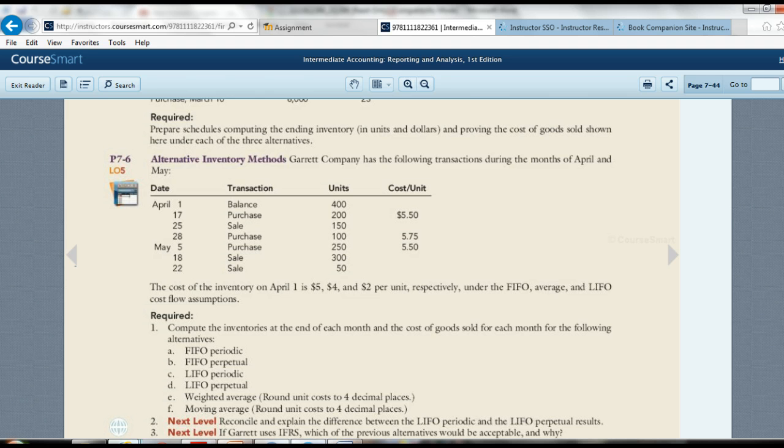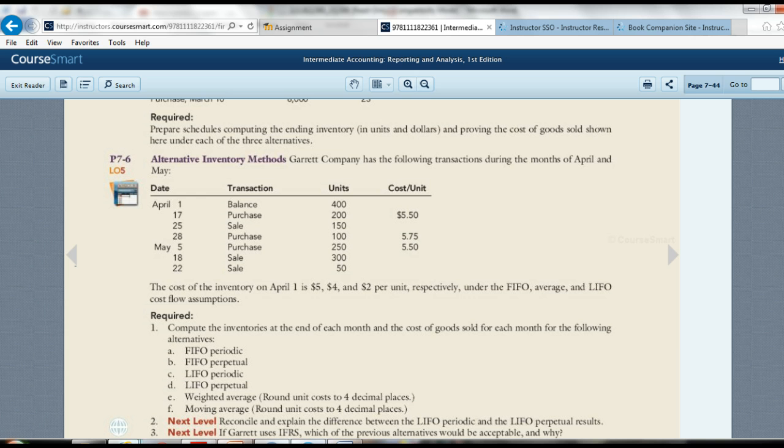So it tells us the cost of the inventory on April 1st is $5, $4, and $2 per unit, respectively, under FIFO, average, and LIFO cost flow assumptions.